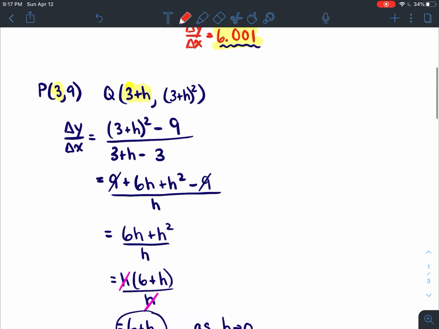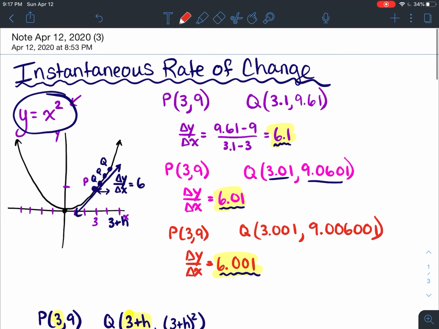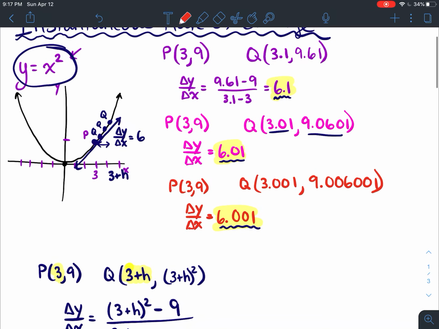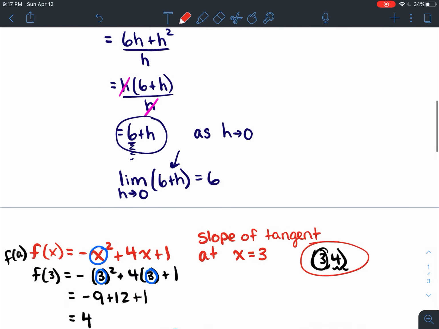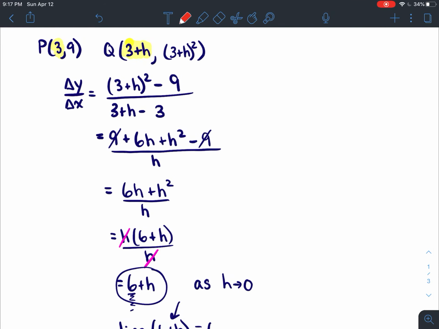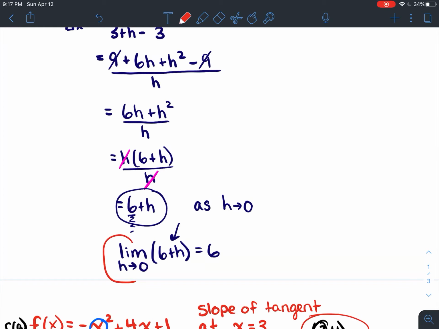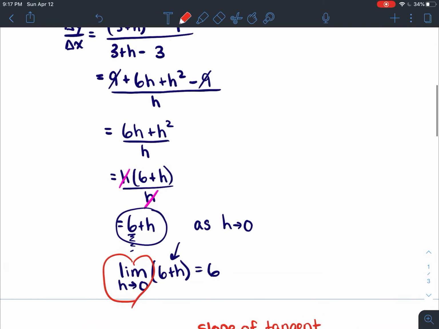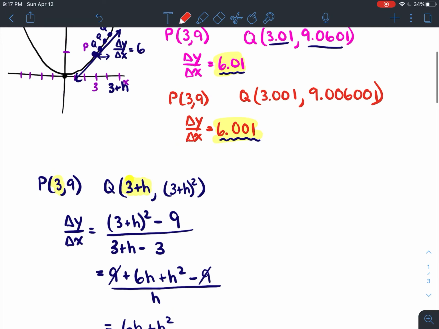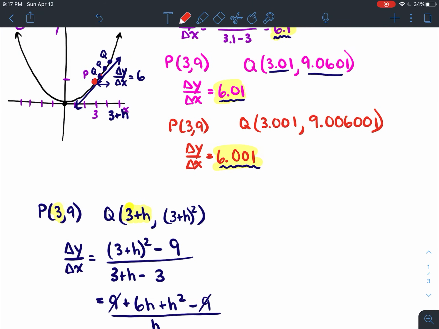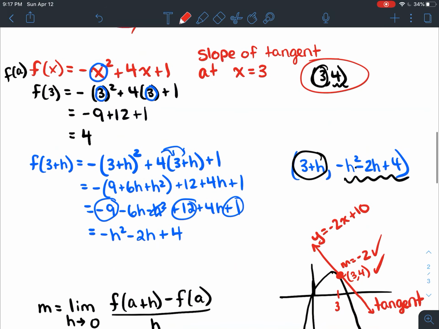So hopefully from this video, this is pretty crazy, but hopefully you're comfortable with seeing that you can use the average rate of change to approximate the instantaneous rate of change. And you can use this thing called limits to figure out instantaneous rate of change by making the interval between P and Q extremely small, almost nothing.